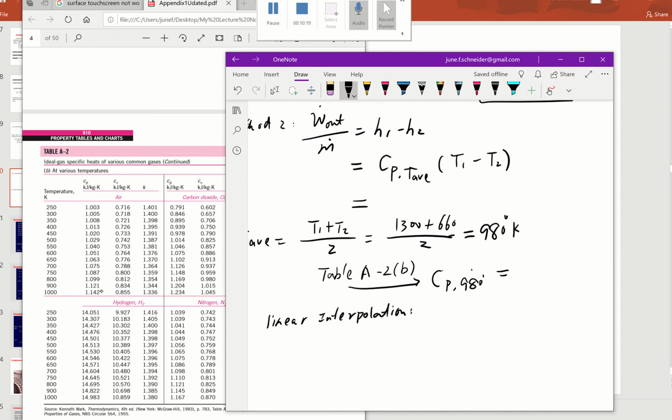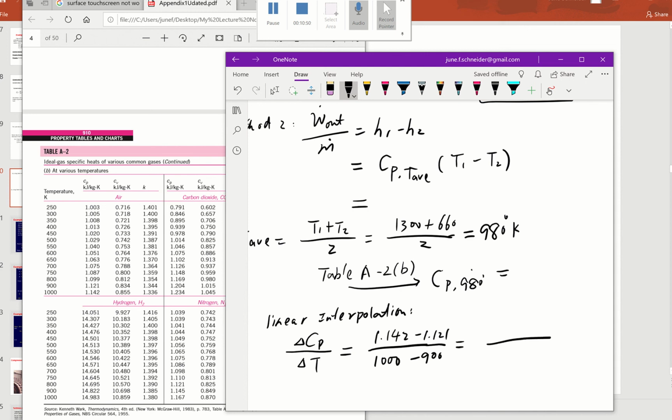If we put delta Cp as the y and delta T as our x, that's going to be our slope. So our ending point, we're using 1000 minus 900, because those are the two extremes that wrap around 980. Corresponding to 1000, our Cp is 1.142 and for 900 it's 1.121.